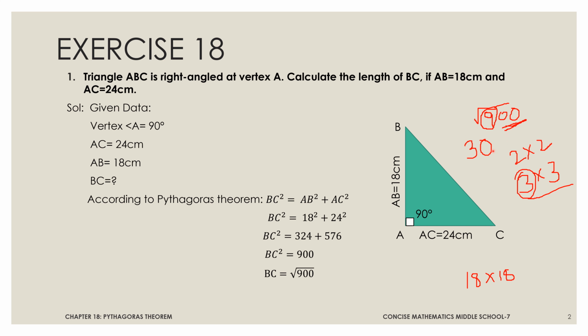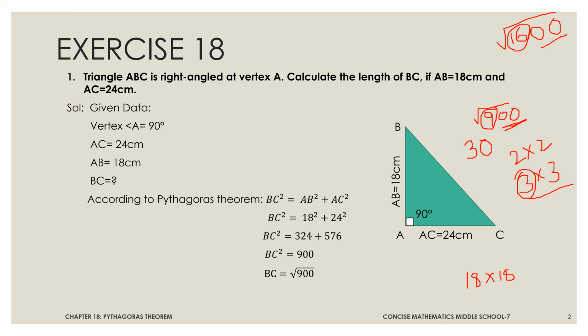This is applicable only when you are having too many zeros with a small number. For example, square root of 1600. In this case, just forget the zeros and think of the 16.